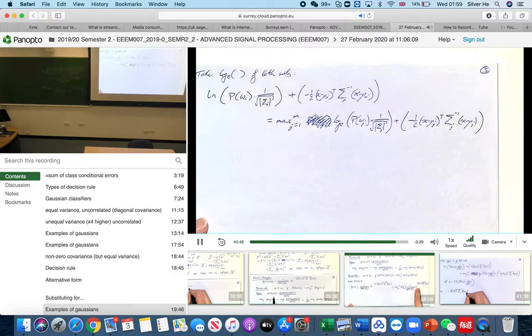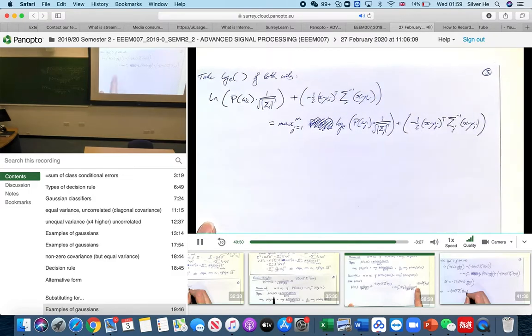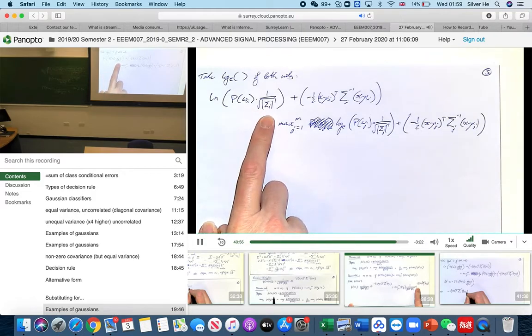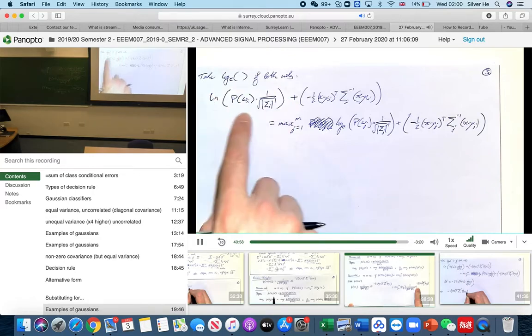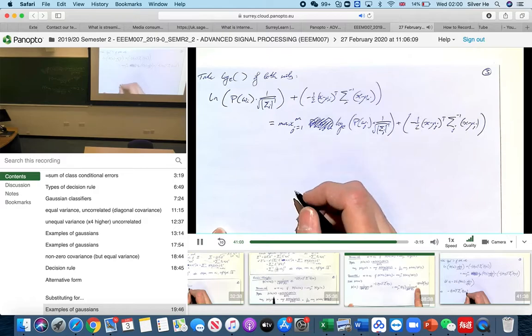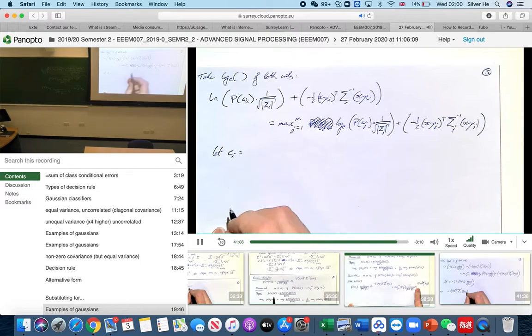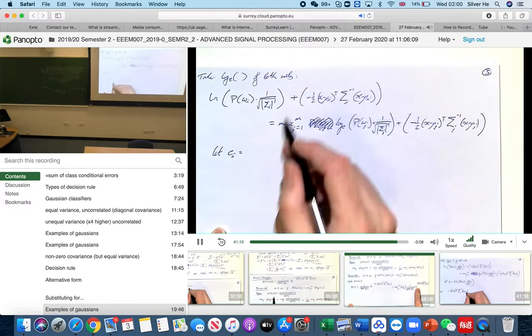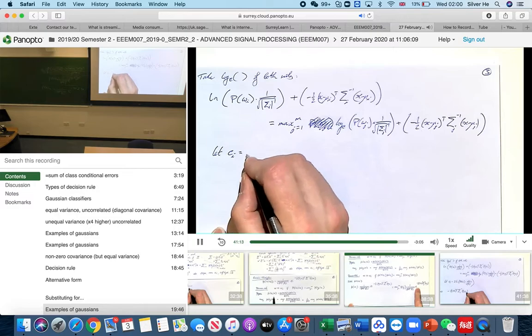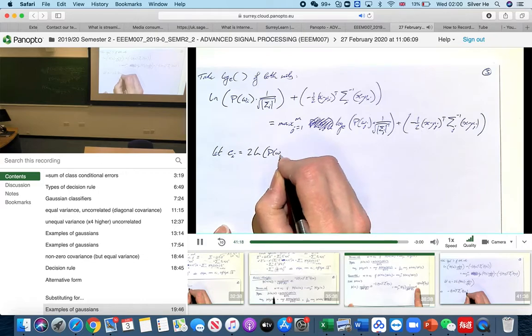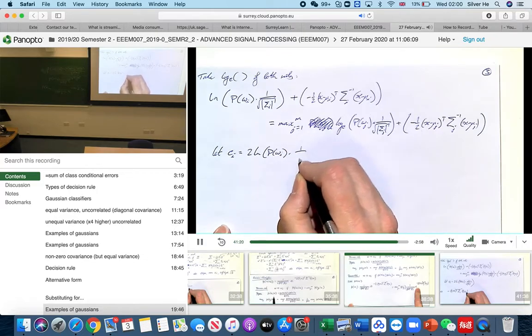Now we can simplify this a little bit by saying, really, this term, this prior probability, and this 1 over sigma i, this sort of log term, is really a constant depending on the particular probability. So if we let Ci equal, and we'll multiply both sides by 2 to get rid of that half, 2 times natural logarithm of p of omega i times 1 over square root of sigma i determinant.